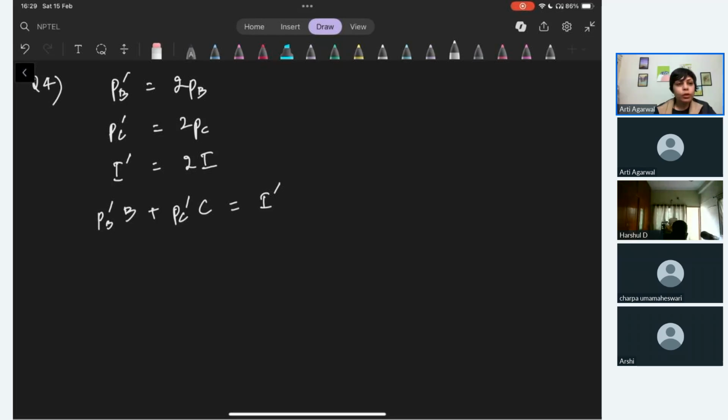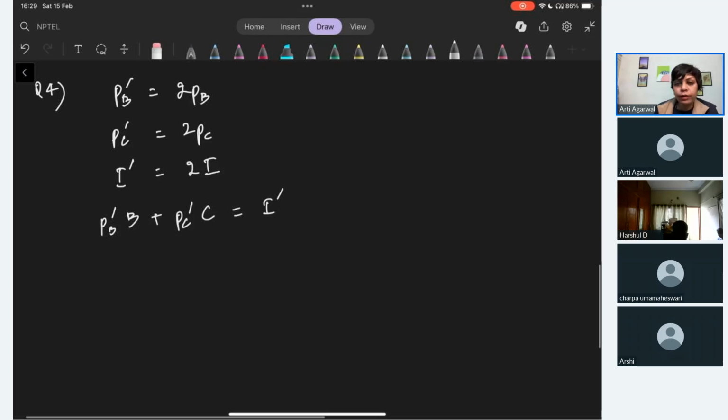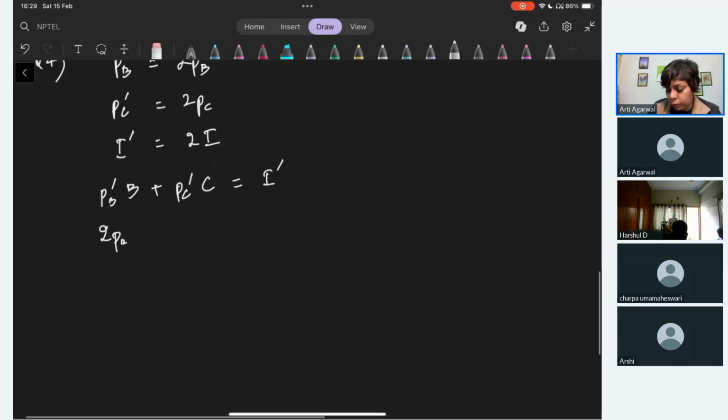I'll come to what happens if the price is changed or not changed also. But for now, let's just see what happens if everything is doubled. Let's plug in the values from before. We know the values of PB prime, PC prime, and I prime. So this is 2 PB into B plus 2 PC into C is equal to 2I.